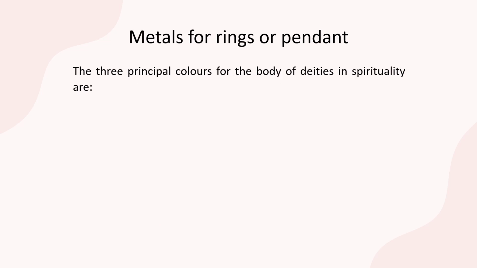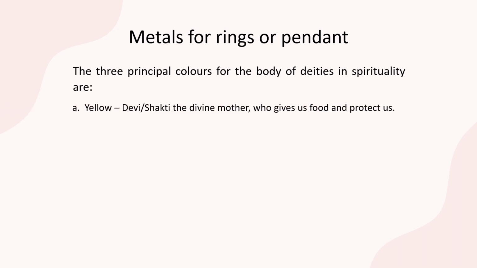Now, metals for rings or pendant. So, what type of metal is suitable for which type of gemstone? We will see in this chapter. The three principal colors for the body of deities in spirituality are yellow, which represents Devi or Shakti, the divine mother, who gives us food and protects us.